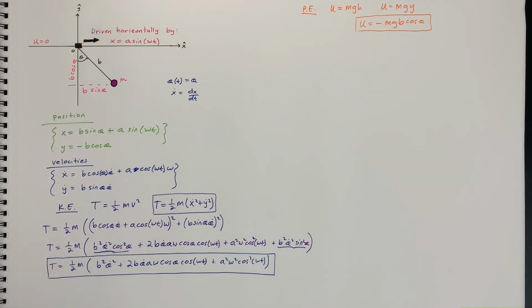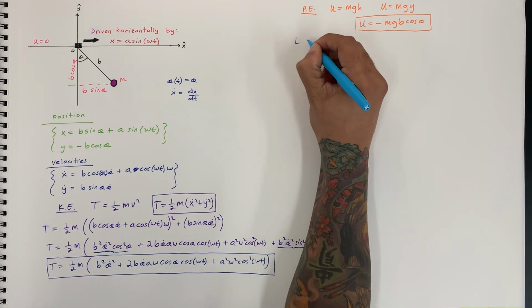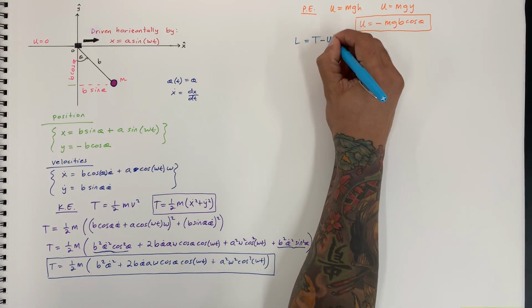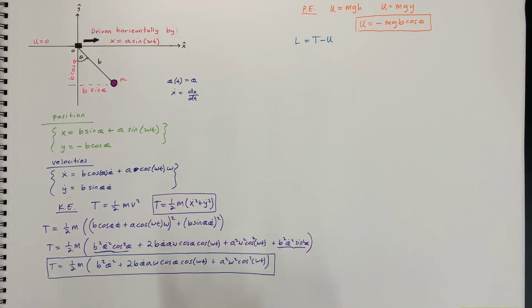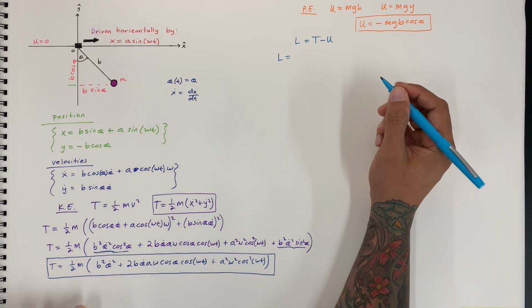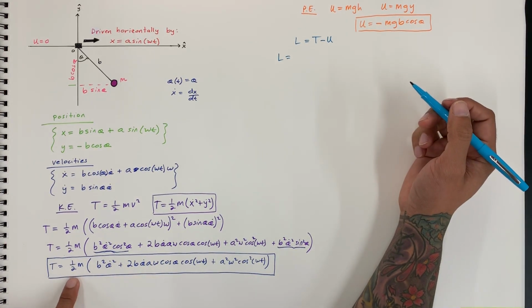Okay, now let's look at the Lagrangian. So the Lagrangian is going to be made up of the kinetic energy minus the potential energy. And so we have the kinetic energy here. So let's rewrite all of this. And this time here, let's distribute this 1/2 m into all 3 terms, just so it's not confusing when we start taking derivatives.